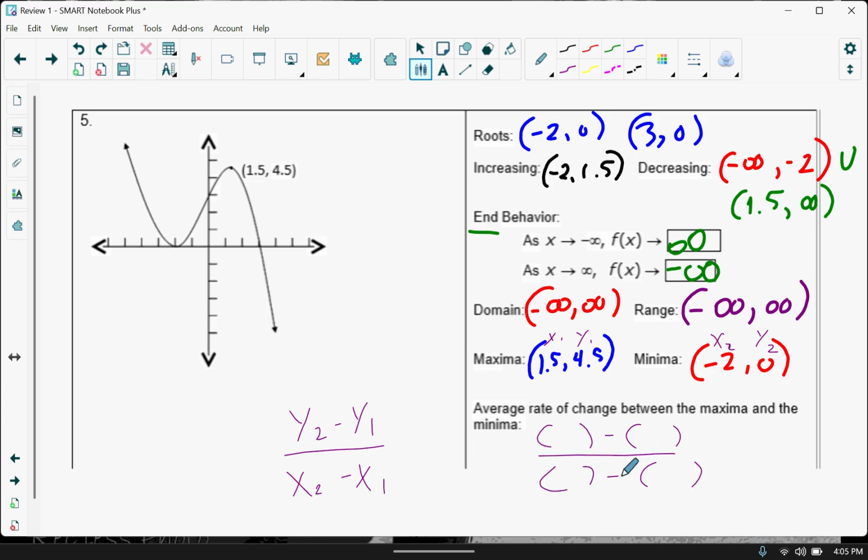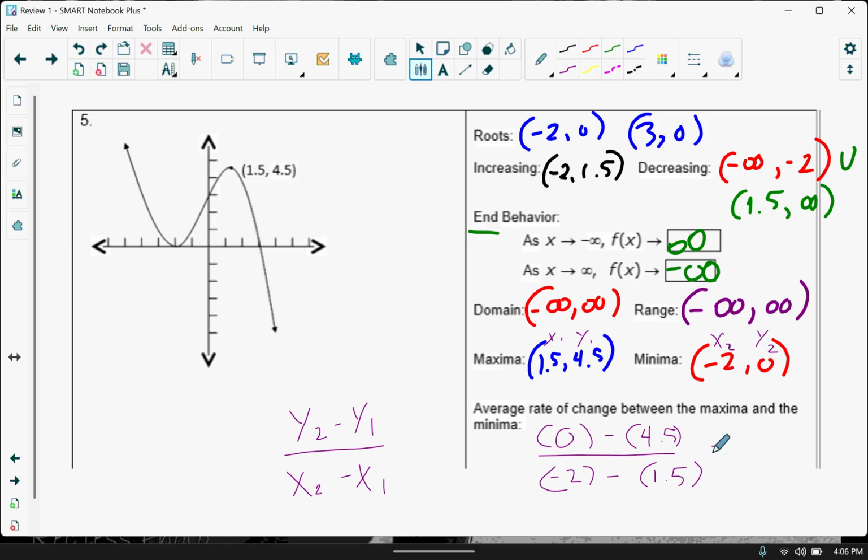And in between each set of parentheses, we'll put a minus sign. So y2 goes first, so I'm going to put 0. And then y1 goes next, so that's 4.5. And then x2 is next, so that's negative 2. And then x1 is after that, so that's 1.5.